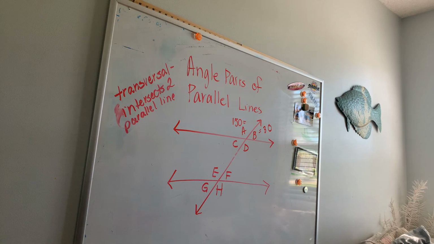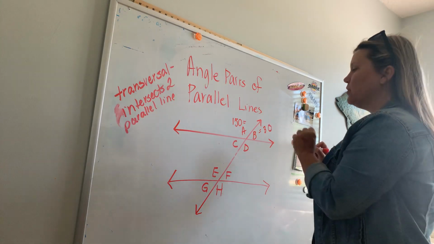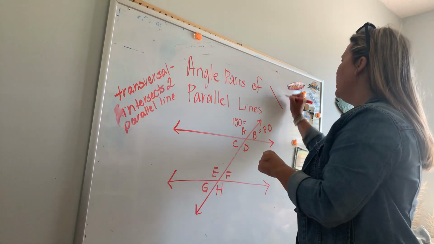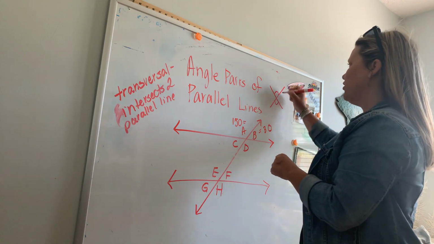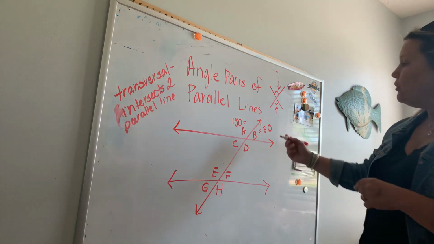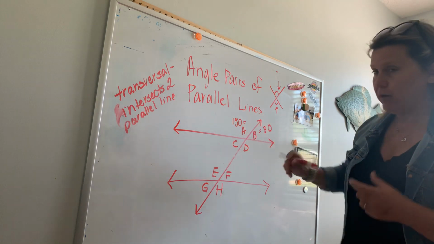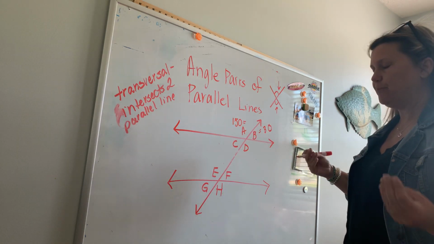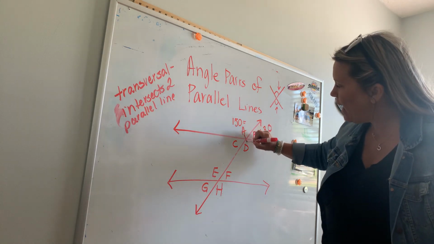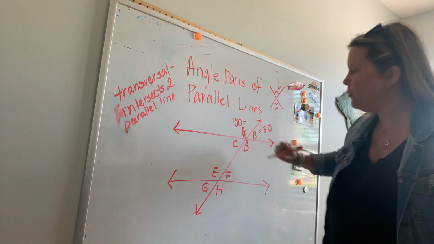And so also, we've talked about vertical angles. Vertical angles are congruent. That means vertical angles are angles that make an X with each other. Like this angle is congruent with this angle. So A and D, if you were to get a protractor and measure that, you would see that angle A and angle D are vertical with each other.